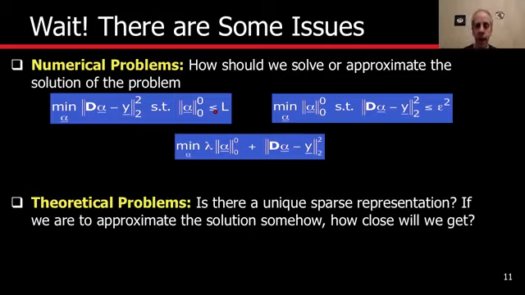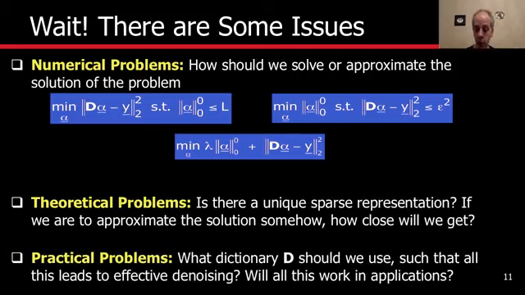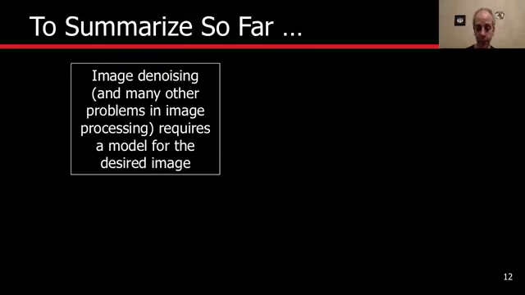Will any alpha have the same support, the same non-zero entries? When is that possible? And of course, what about the dictionary? Which dictionary should I use in order to get alpha as sparse as possible? This is going to be something that we're going to discuss quite a lot during this week. And these are some of the questions that this very nice sparse modeling and sparse representations open.